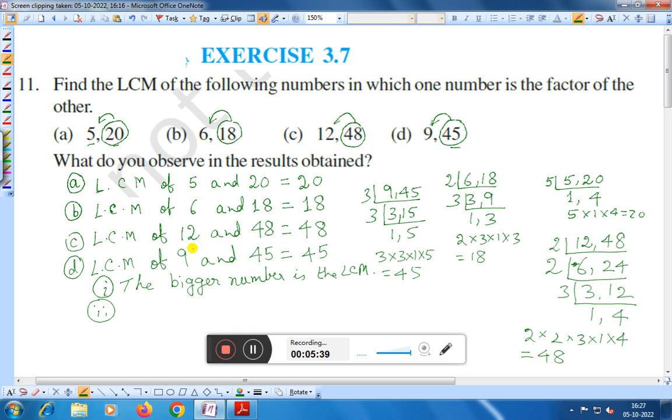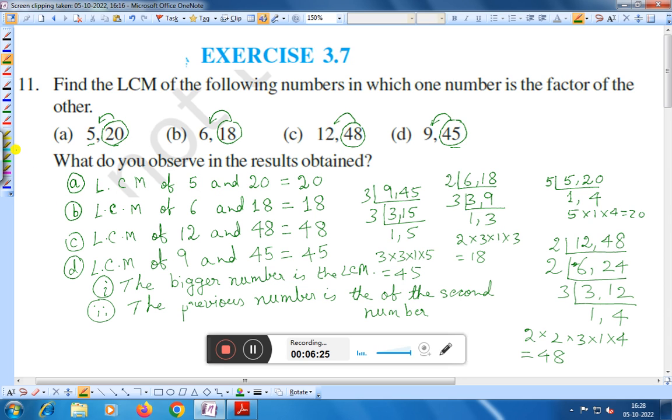Therefore, the previous number is the factor of the next number, the second number. This is observation 2.